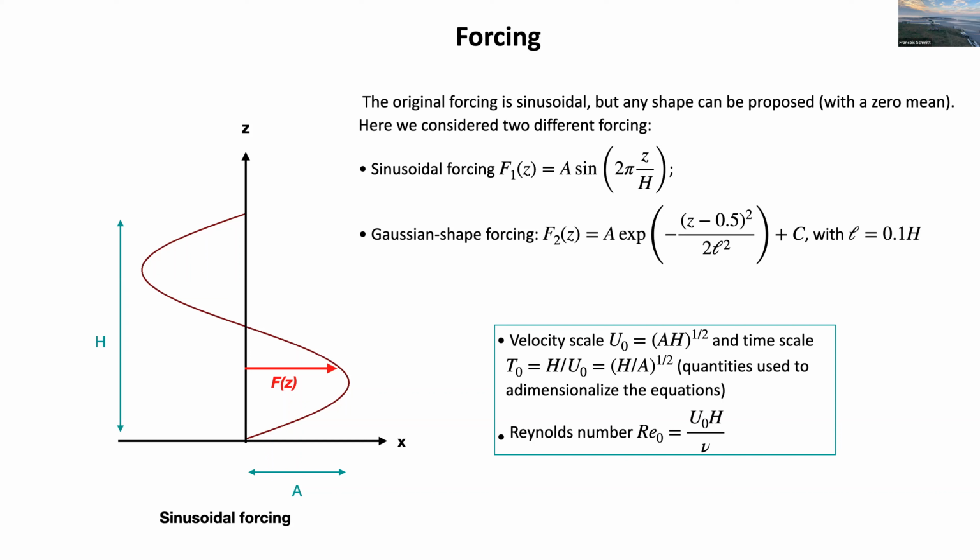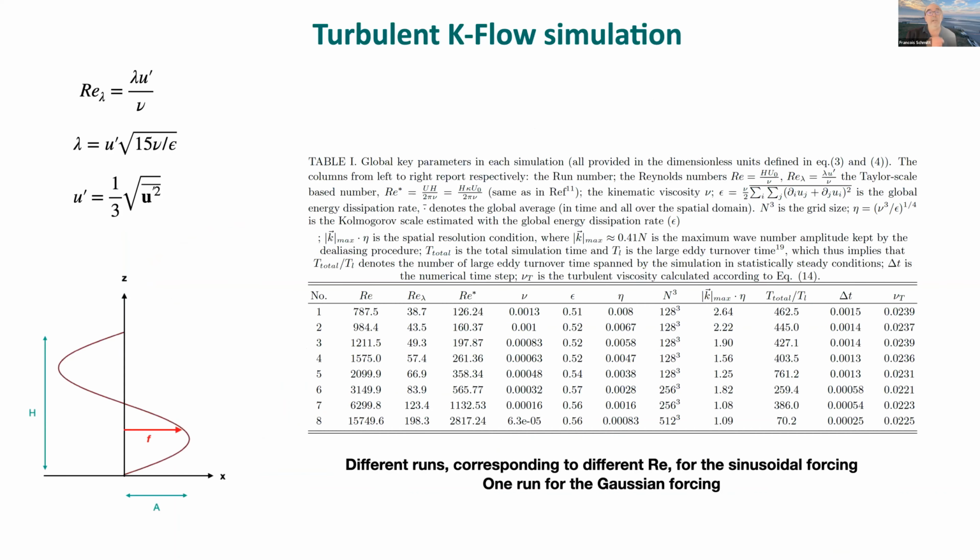So we choose the C quantity in order to have an average of 0. And using the parameters of the simulation, we can build a velocity scale and time scale, and so we can compute a Reynolds number. This was done for the sinusoidal case using 8 different runs, corresponding to different Reynolds numbers, which are shown in this table. So we have also different values of epsilon, R lambda, etc. And for the Gaussian forcing, we did only one run.